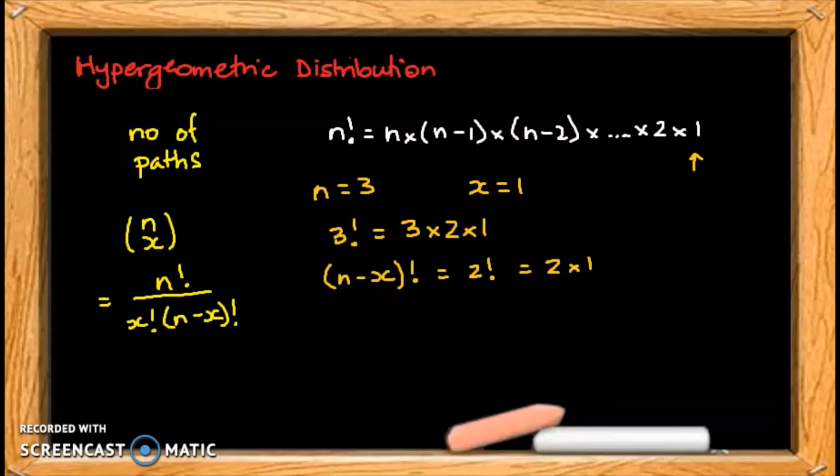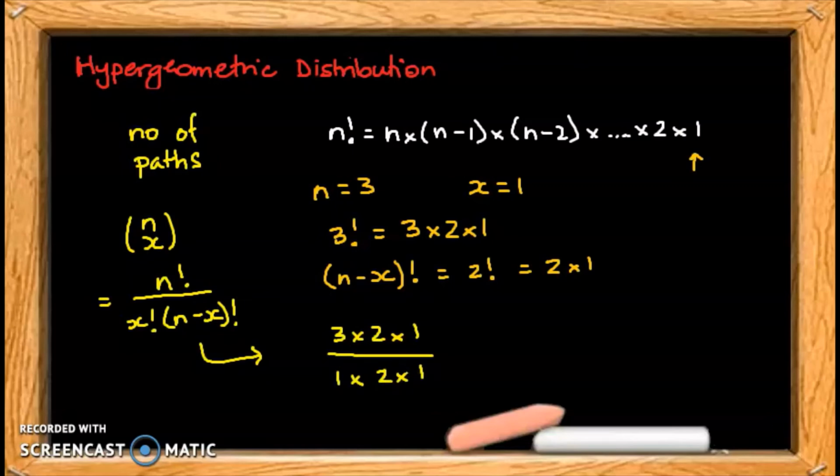So when I represent this fraction to find out the number of paths, and remember we knew there were 3 because we counted them, but let's prove that, I end up with n factorial, which is 3 times 2 times 1, over x factorial 1, and n minus x factorial 2 times 1.